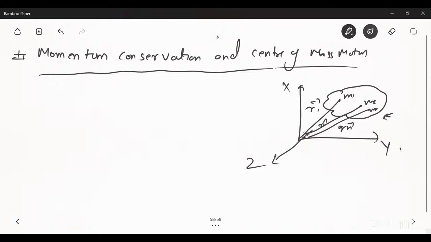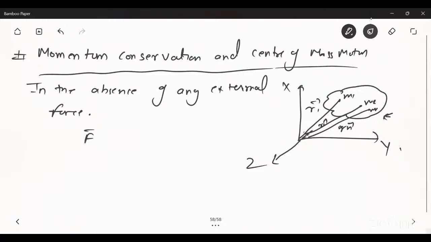But in the absence of any external force, F total is equal to 0.